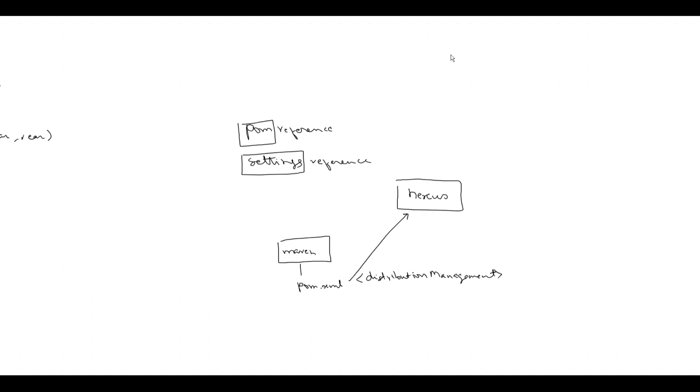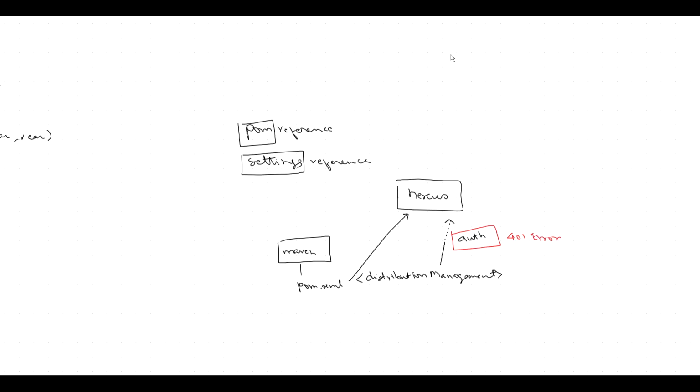This distribution management block will tell you where to deploy it. Okay, but our Nexus requires authentication to deploy. If you just put distribution management, it'll come back with a 401 error. So that's what we will look at now.